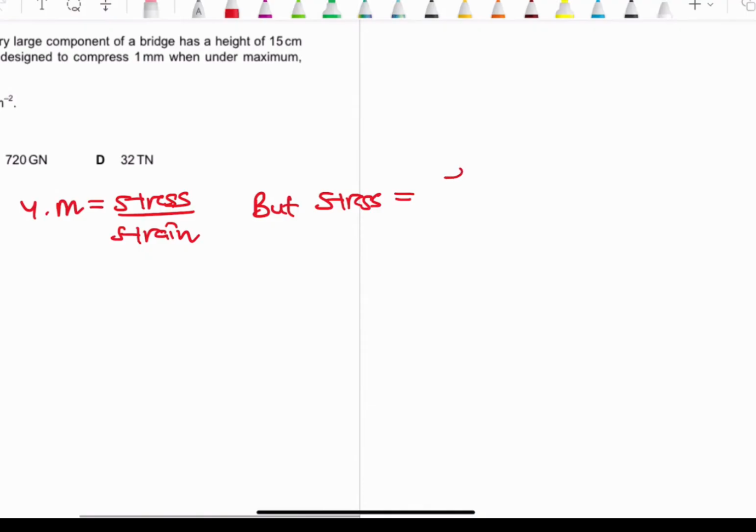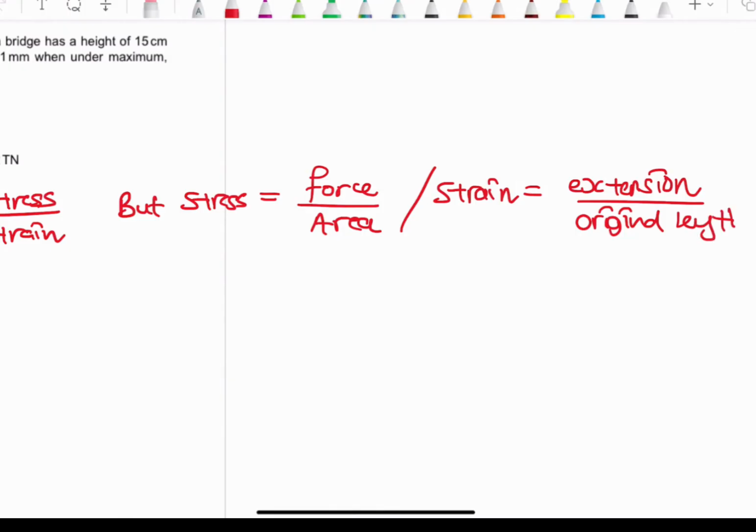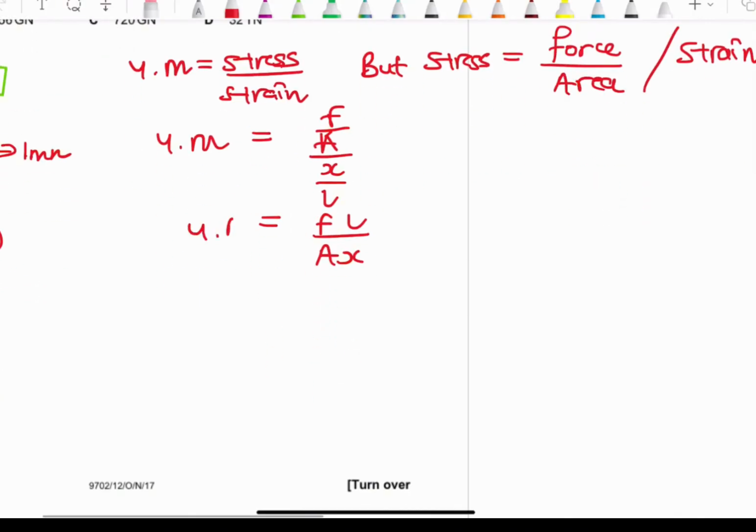Stress is the force divided by the area, and strain is the extension divided by the original length. So our Young modulus can be expressed as F over A divided by X over L, which is FL over AX.